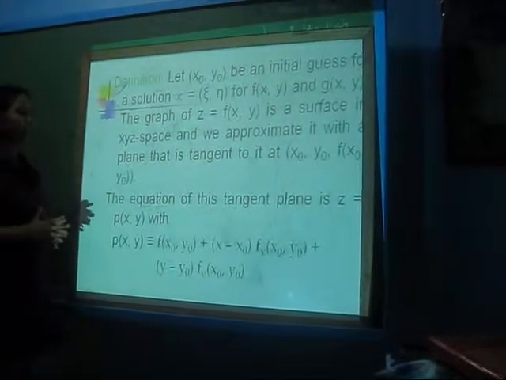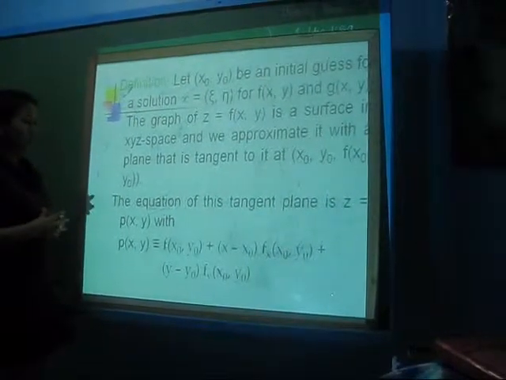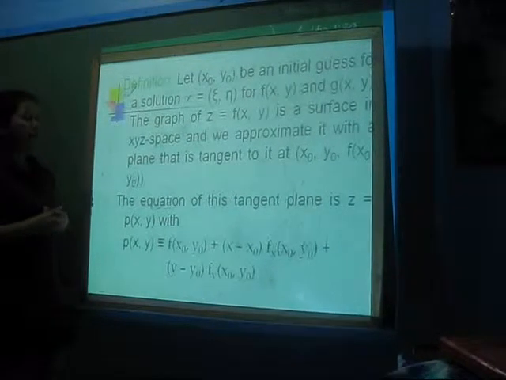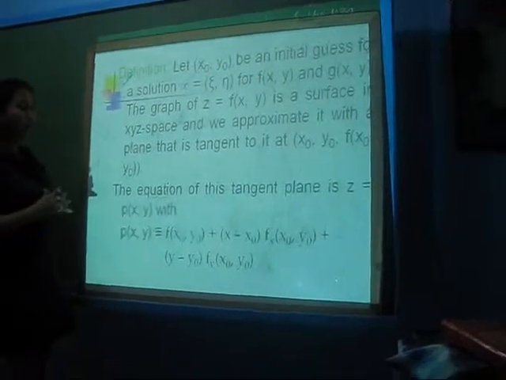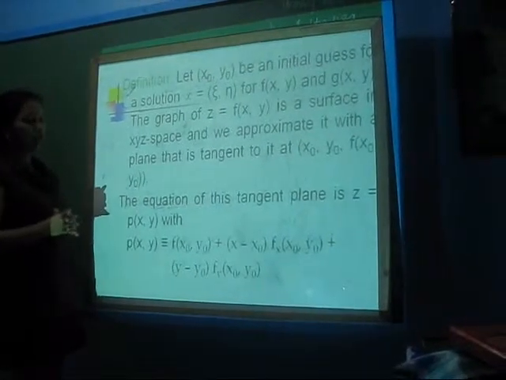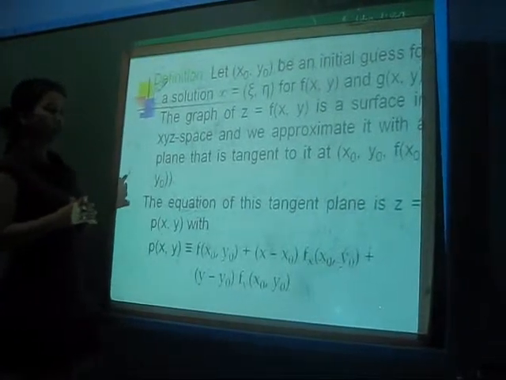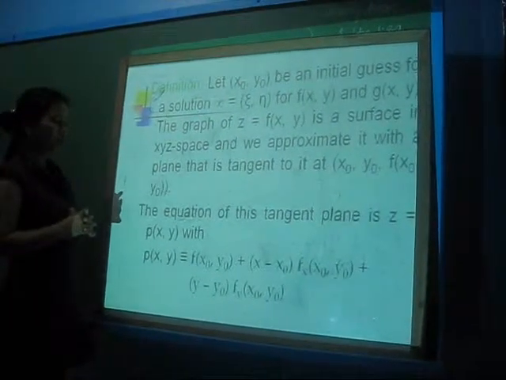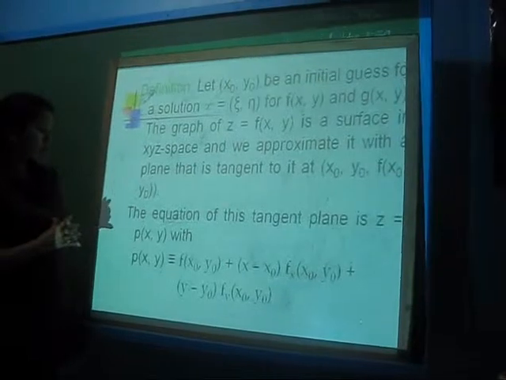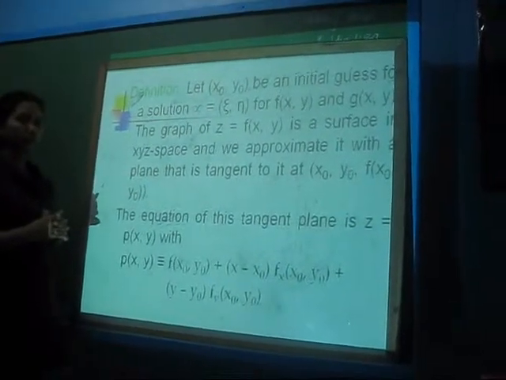The equation of this tangent plane is z is equal to p of x and y, with p of x and y identical to f of x sub 0, y sub 0 plus x minus x sub 0 times f sub x of x sub 0, y sub 0 plus y minus y sub 0 times f sub y of x sub 0, y sub 0.